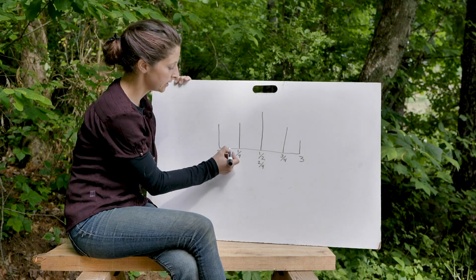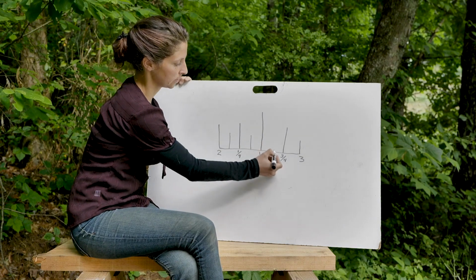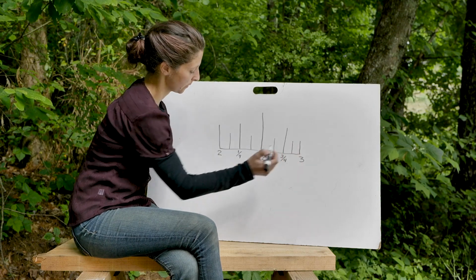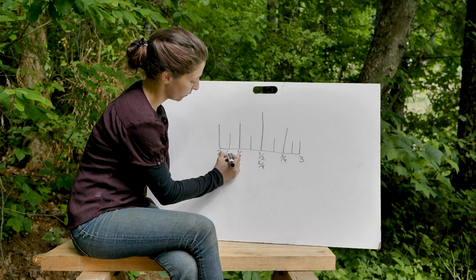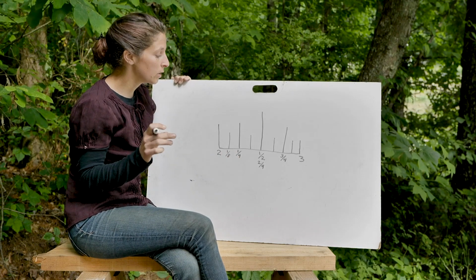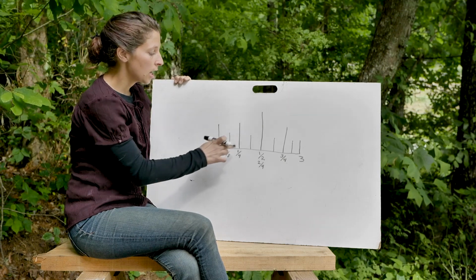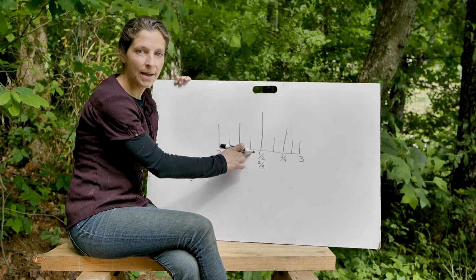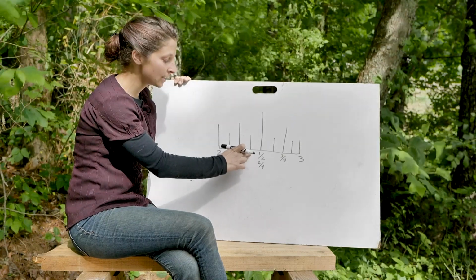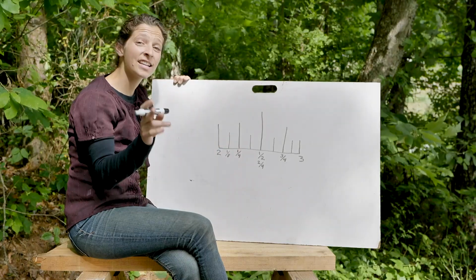Our next lines are going to be our eighths. So we have 1/8, and this is where it can start to get confusing because people have this tendency to think, I recognize I'm at an eighth line, so I'm going to count my eighths, so I'm going to count 1/8, 2/8, and that's not right.